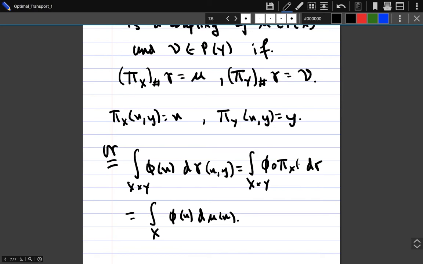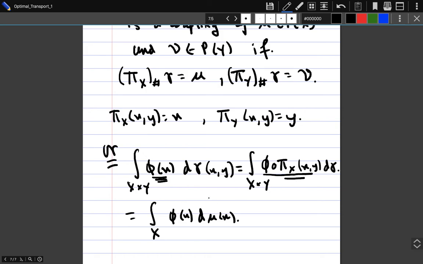If I put x, y here, perhaps it's not clear. It's a very simple argument actually. Pi of x applied to x comma y gives you the value x, and that's what you feed into phi. So that's why it's phi of x. It's nothing but transforming this to this. But notice that this composition should remind you of the push forward measure.